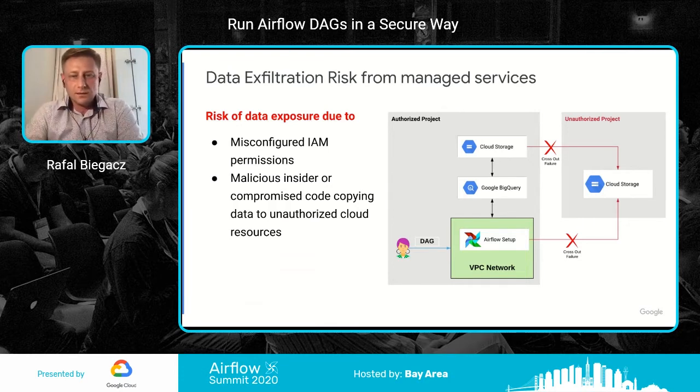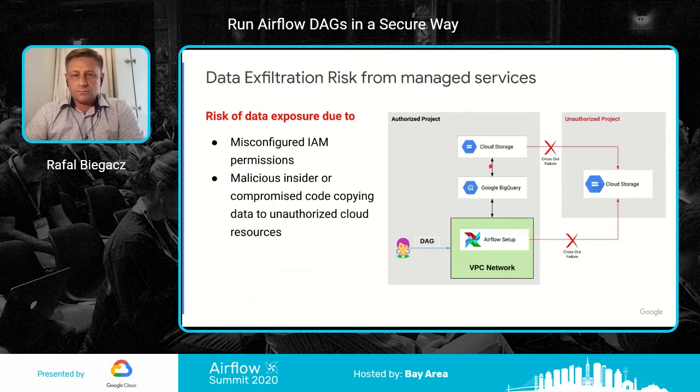An exemplary DAG could do something like this. A DAG could have tasks. One of the tasks would be doing a query using BigQuery, and the result of the query would be stored in cloud storage. All those things that I have mentioned are happening within an authorized project.